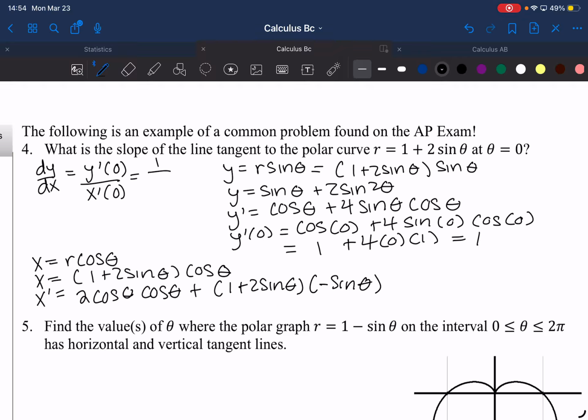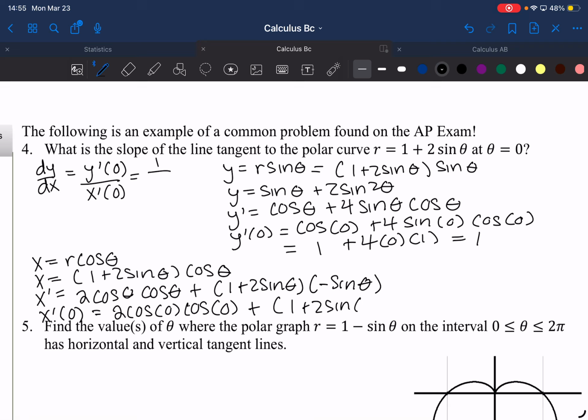So x prime of 0 is equal to 2 cosine of 0 times cosine of 0 plus 1 plus 2 sine of 0 times negative sine of 0.